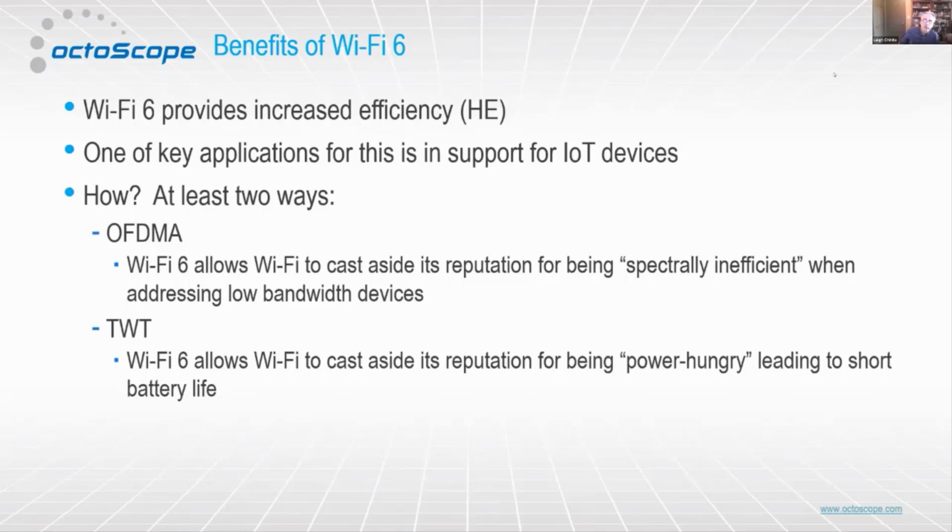One is OFDMA, and at a high level, what OFDMA did was to allow Wi-Fi to be a lot more spectrally efficient when it is being used by low bandwidth devices. And then there's TWT, really the focus of the tutorial today. What that does is it allows Wi-Fi devices to be a lot more efficient with their battery usage, and to allow those devices to last longer. We'll talk about how as we go along.